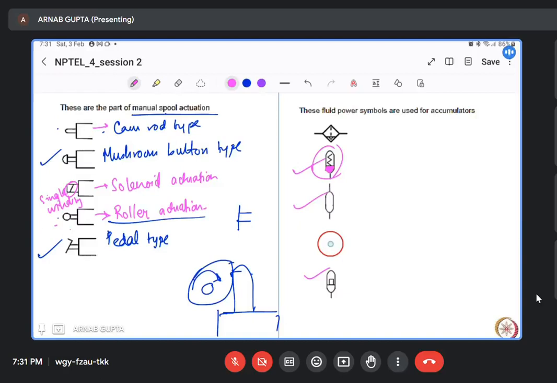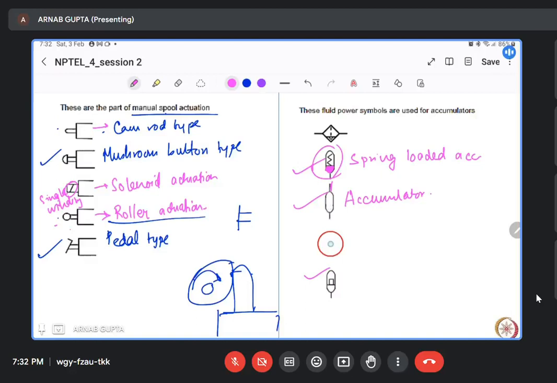What are the differences? This is a spring-loaded accumulator. This is a normal accumulator. You put it along the flow, so it will get filled up, and after that it will flow through here.